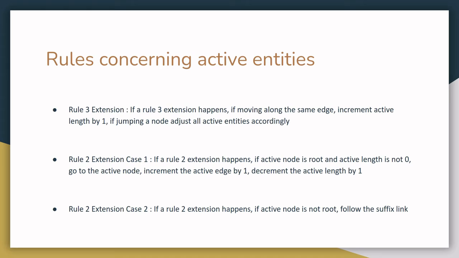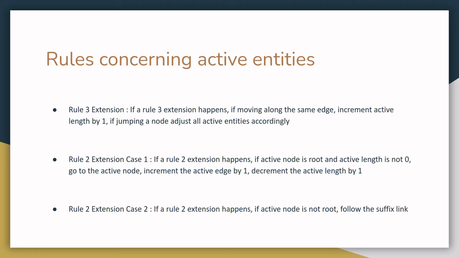So if a rule 3 extension happens, if we are moving along the same edge, just increment the active length by 1, and if we are jumping a node, we have to adjust all the active entities accordingly. We'll see how in a short while. The second rule is in accordance with rule 2.